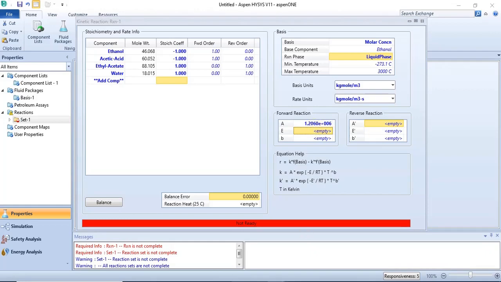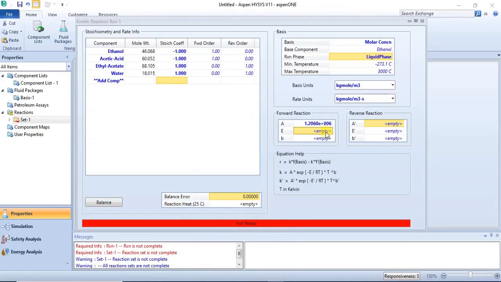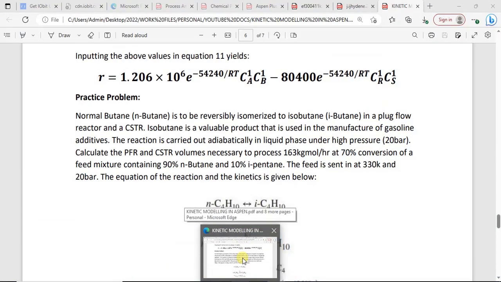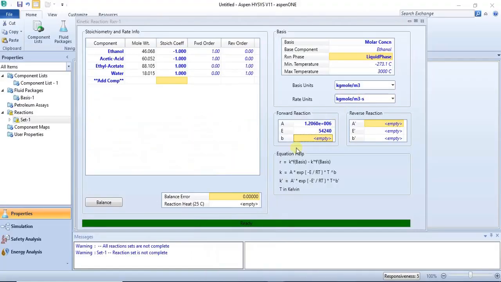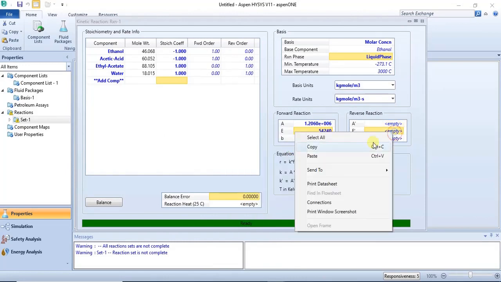That is for A. Then activation energy is 54,240, I think. Yes. So let's go back. 54,240, right? So you are specifying it without the negative sign. So 54,240. So I can copy this and paste it here.